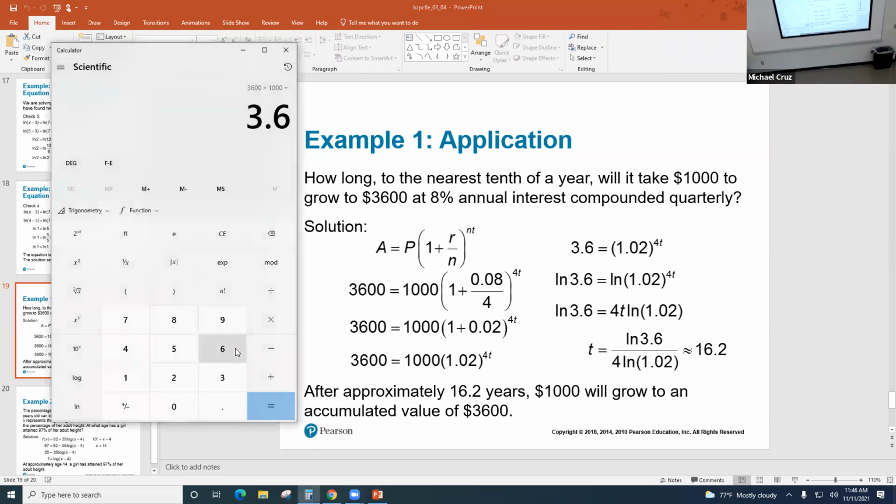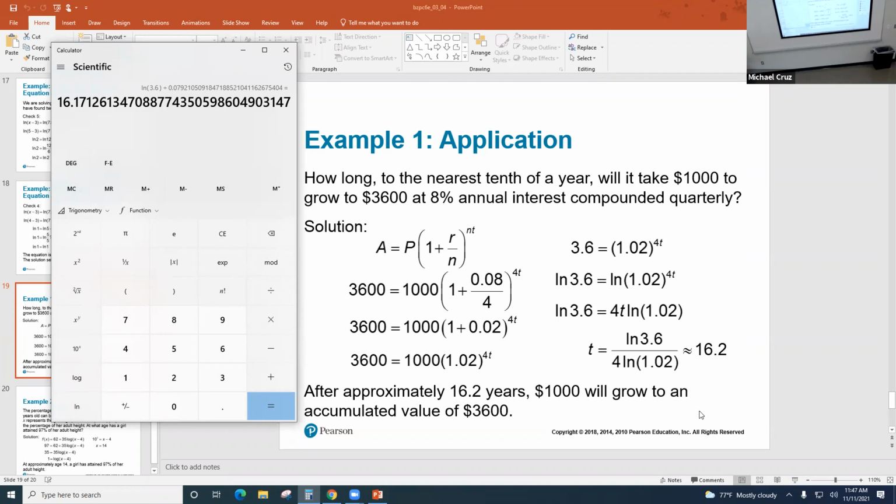And then again, let's say ln of 3.6 over 4 ln 1.02. I always like to show people what's happening here if I can. I'm going to stick it in the calculator, and we get 16.2.